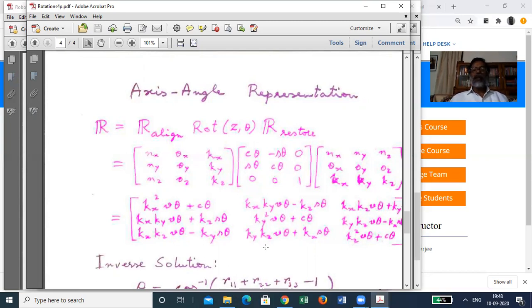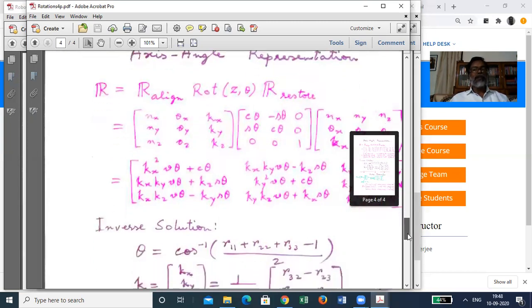Now the inverse solution. Inverse solution is a little non-trivial. So given the matrix in terms of 9 numbers, if those 9 numbers indeed constitute an orthogonal matrix and therefore represent a valid 3D rotation, then you get the axis and the angle.